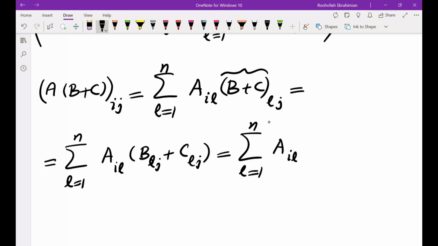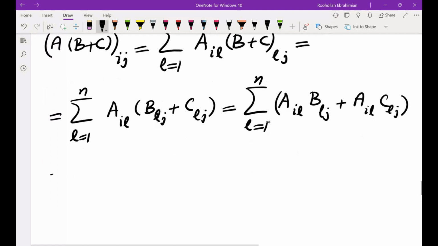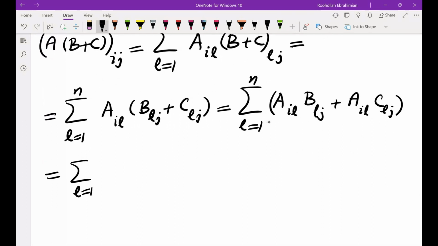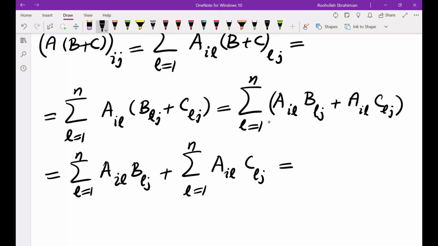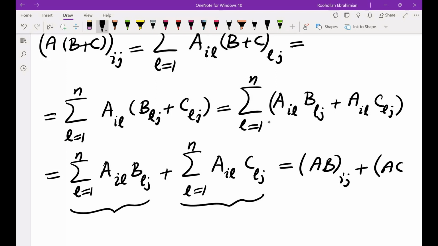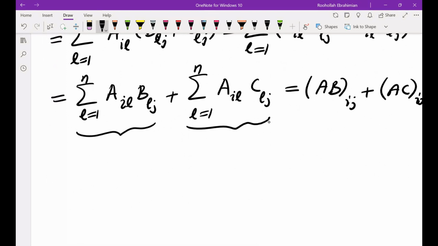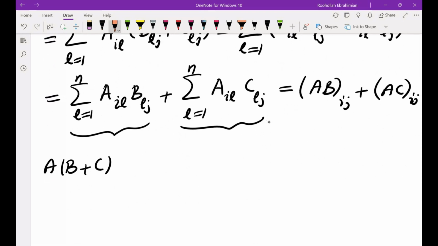So this would be A_il B_lj plus A_il C_lj, which is equal to the sum l equals 1 to n of A_il B_lj plus the sum of A_il C_lj, and this one also l goes from 1 to n. Now if you look at this one, this is (AB)_ij plus this one is (AC)_ij. So if you look at these two matrices, A times (B plus C), A is m by n, B plus C is n by k.